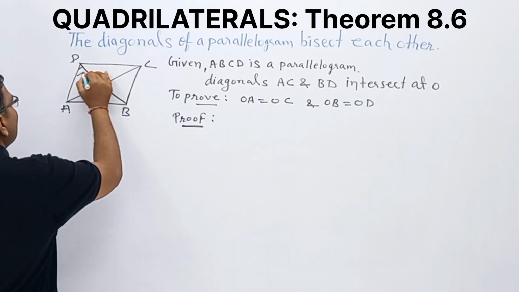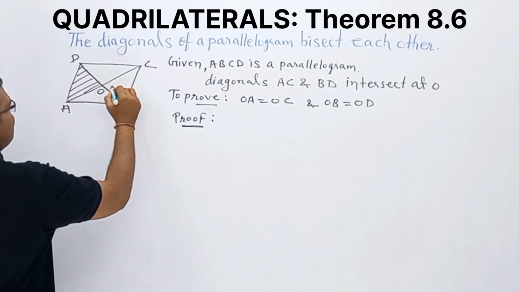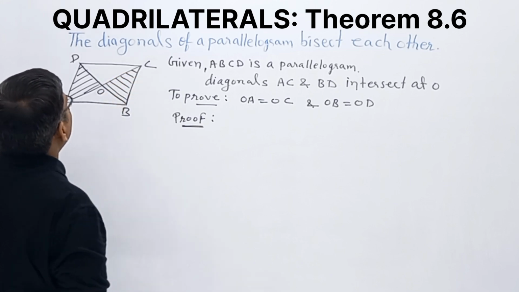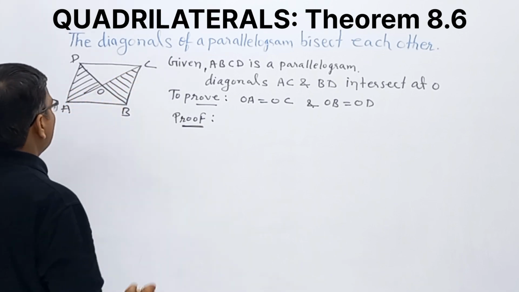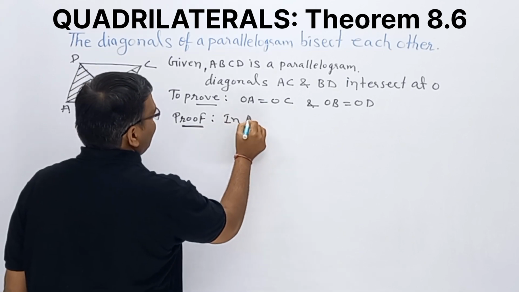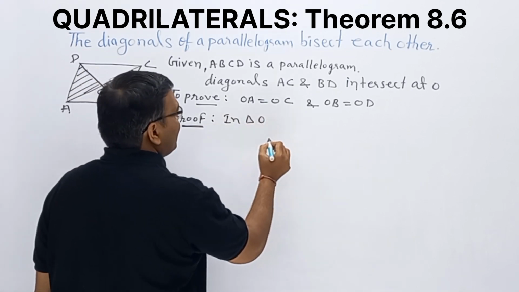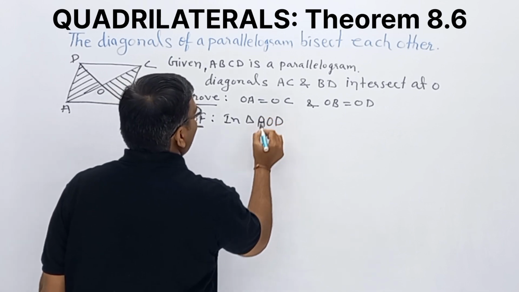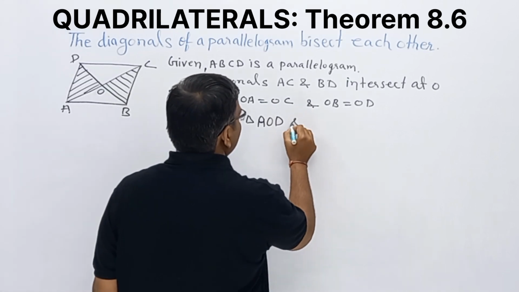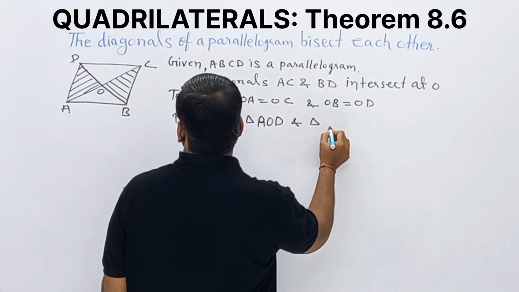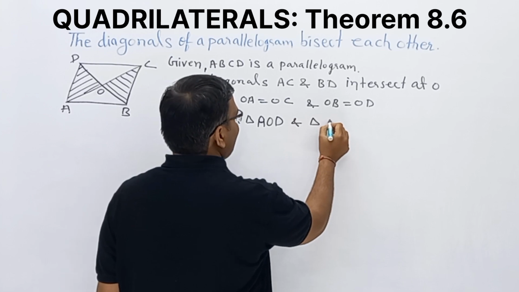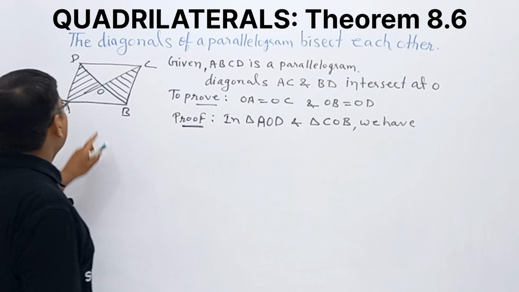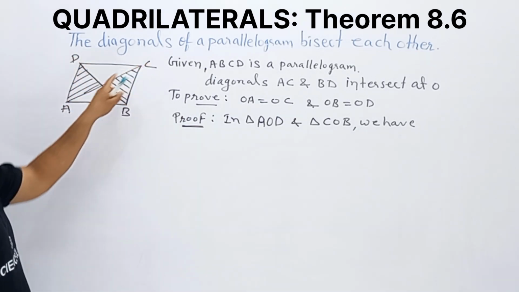So we will consider these two triangles. One triangle is this one, another one is this one. In triangle AOD and triangle COB, we are considering two triangles, AOD and COB.